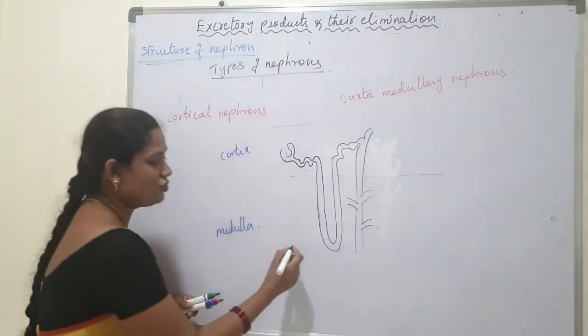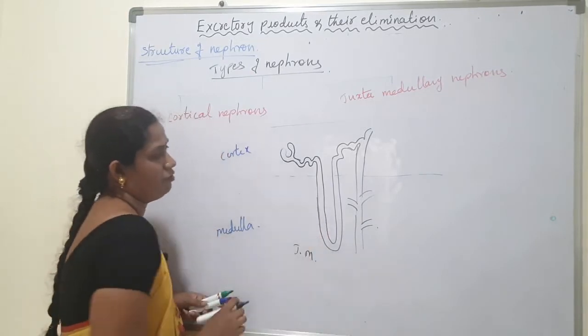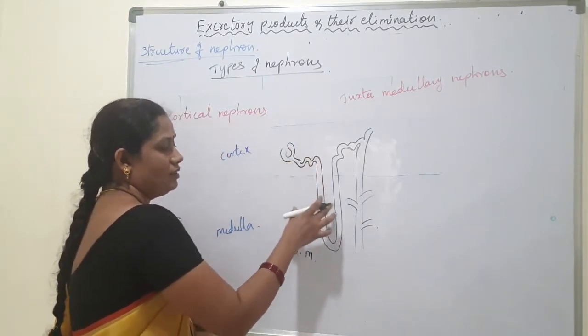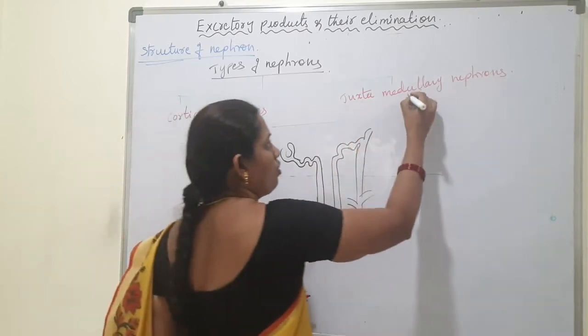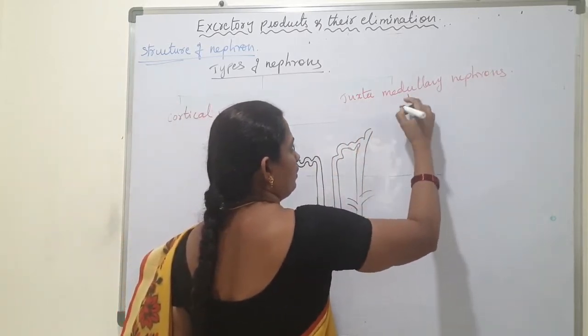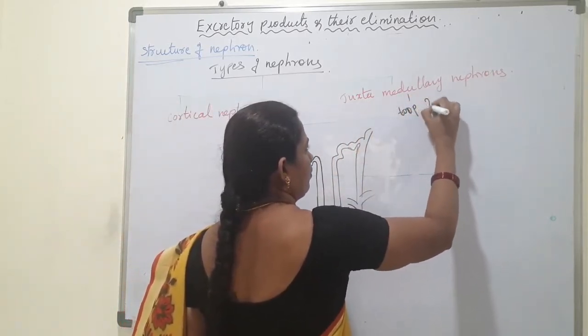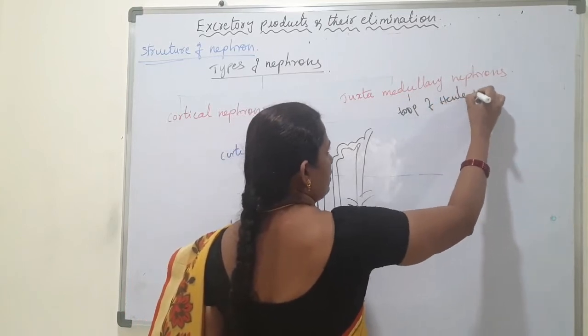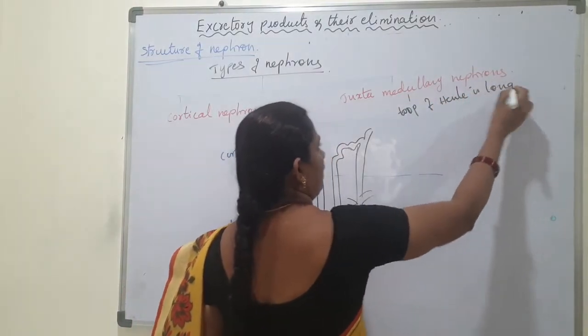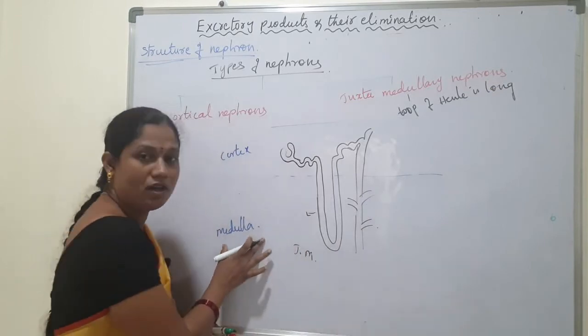This is the juxtamedullary nephron, which means the loop of Henle is very long and extends into the medulla region.